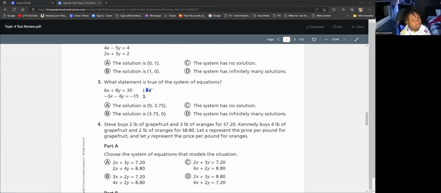You're not changing the first one. That's number one. Now multiply the second one by two. Negative 6x, yeah. Line up the x's vertically, and line up the y's vertically, and line up the numbers vertically.